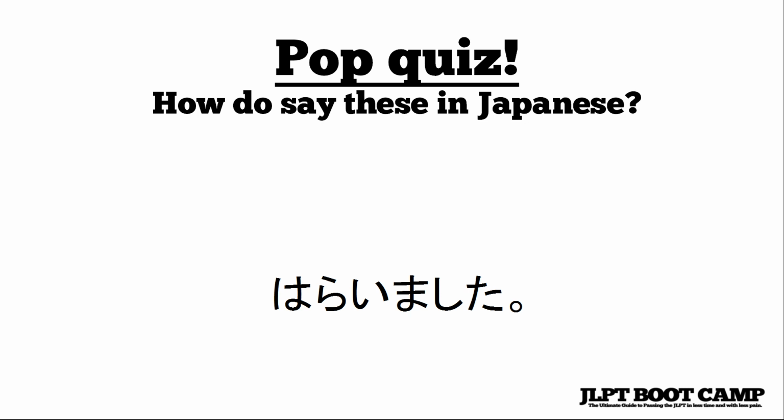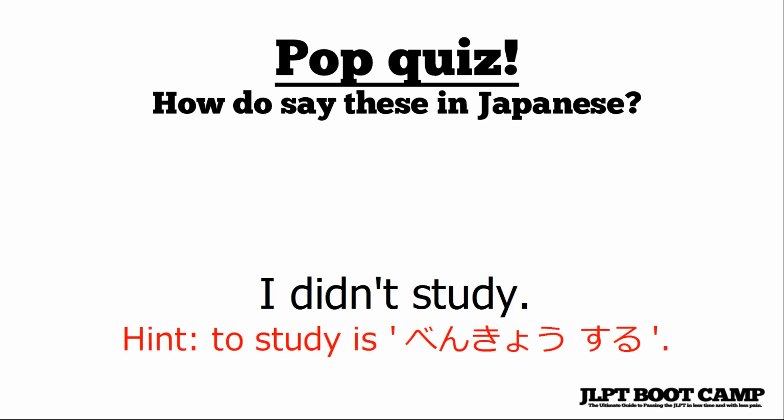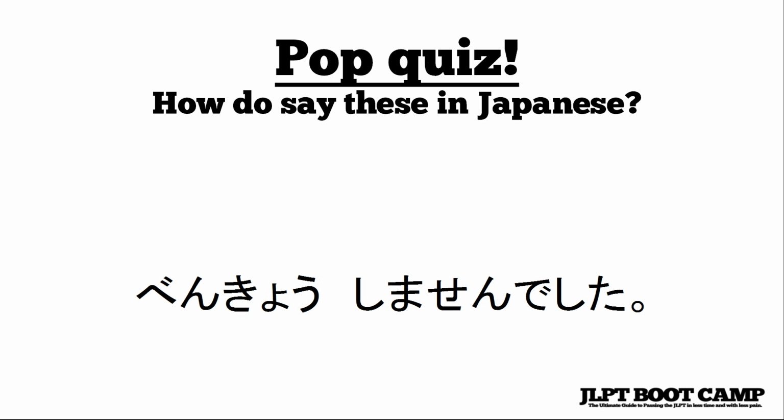The e row of kana, which would just be e in this case, and you just add mashita at the end. And one last one, I didn't study. And to study in Japanese is benkyou suru. And in polite Japanese, that would be benkyou shimasen deshita.